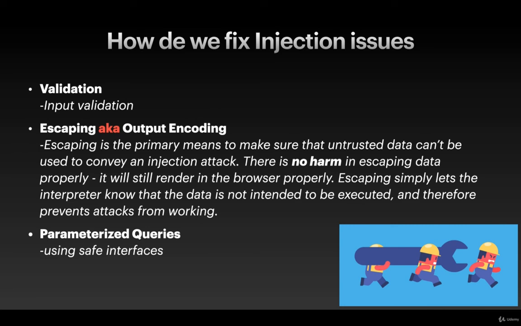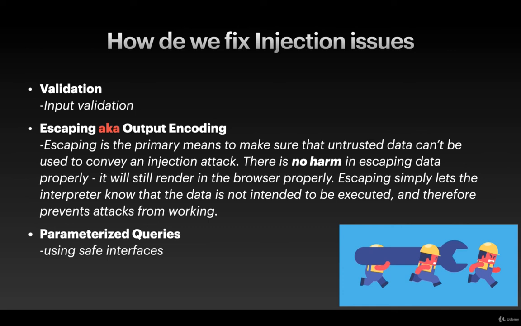Cool. So now we will see how we fix these types of injection issues. Input validation is very important. Second is escaping, which is also called output encoding. Escaping is the primary means to make sure that any untrusted data an attacker is sending to an interpreter does not convey an injection attack.